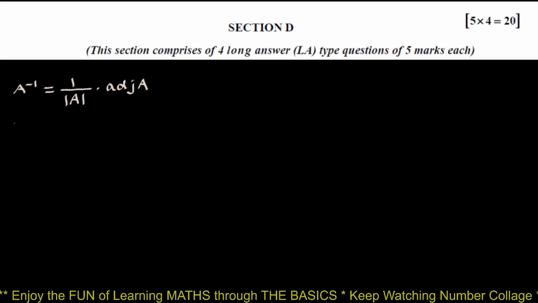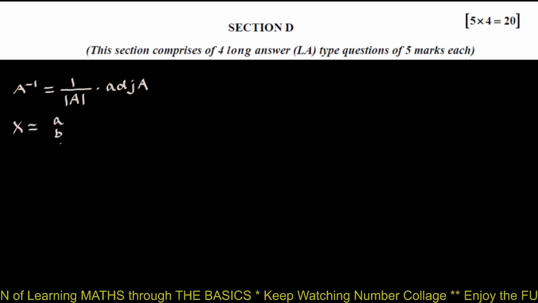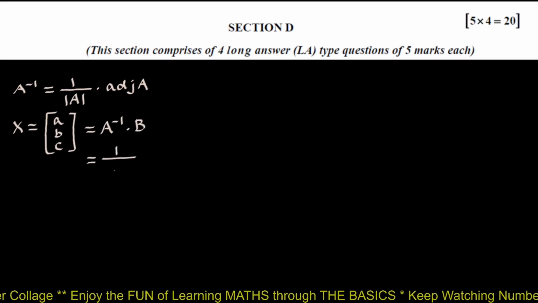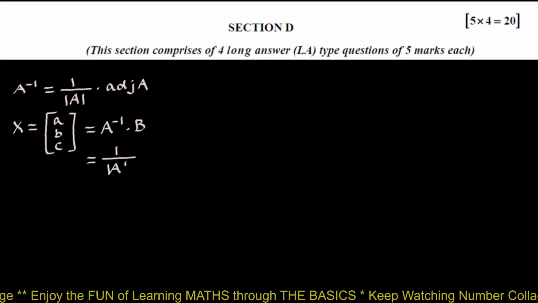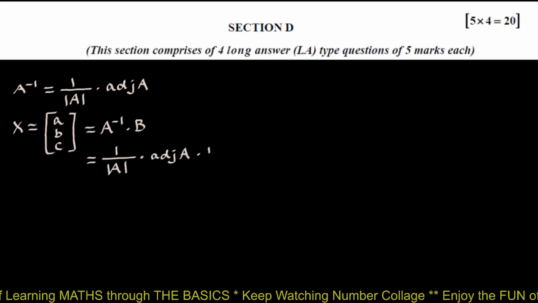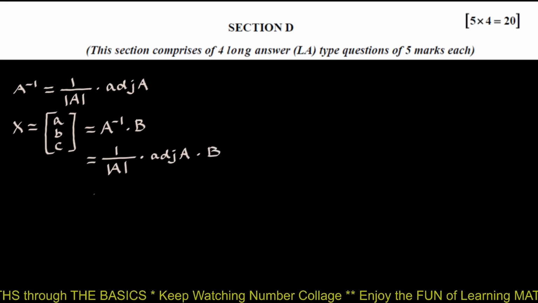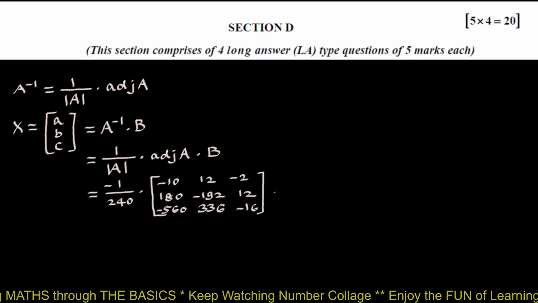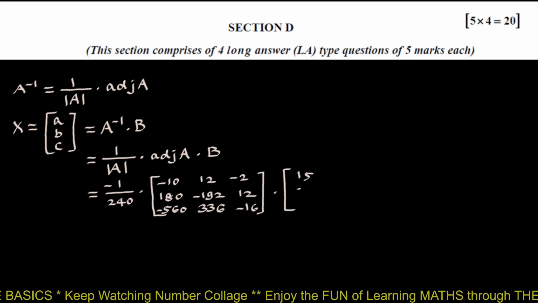Now we have A inverse equals 1 upon determinant of A into adjoint of A, and the variable matrix X, the column matrix A, B, C, equals A inverse into the constant matrix B. That will be 1 upon determinant of A into adjoint A into constant matrix B, that equals minus 1 upon 240 into adjoint A into B, 15, 25, 15.